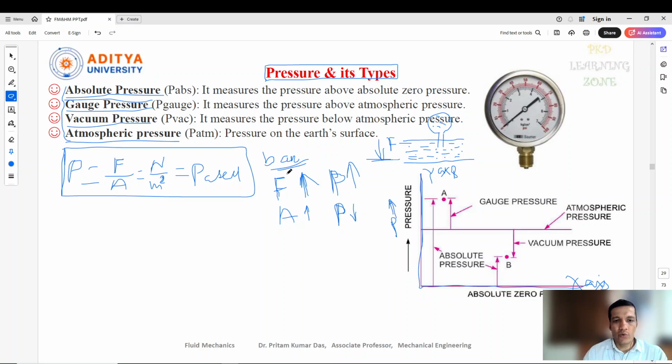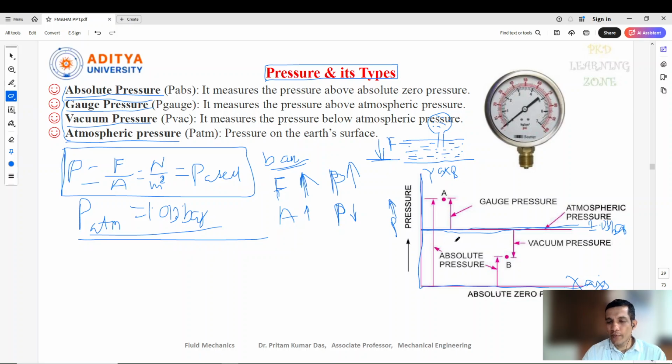As I told you, the atmospheric pressure, the pressure in our atmosphere, is 1.013 bar. So this is the atmospheric pressure value surrounding us. Now if you take the value of this atmospheric pressure somewhere at this point, that value is 1.013 bar.